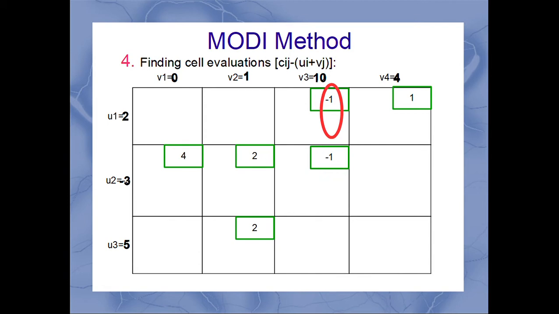That means here we are going to start our loop. A loop is nothing but a straight line, vertical line and horizontal line, which can start from this cell and has to end at any of these vacant cells. It cannot end at this cell, it has to end at the empty cell. So here I am going to start our loop.